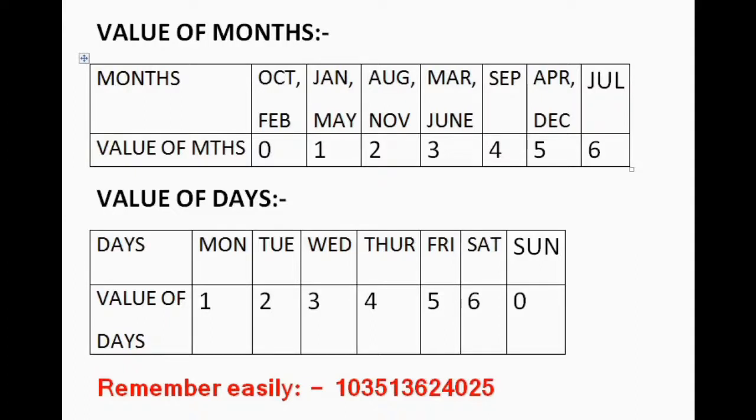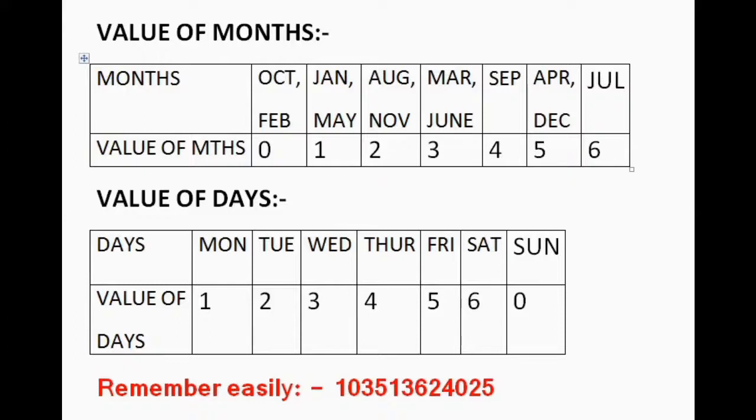April has 30 days. Now we add the 3 odd days of March with the 30 days of April, which gives a result of 33 days. After dividing 33 days by 7 we get a remainder of 5, so the value of April is 5. Again we add 5 with 31 days of May.